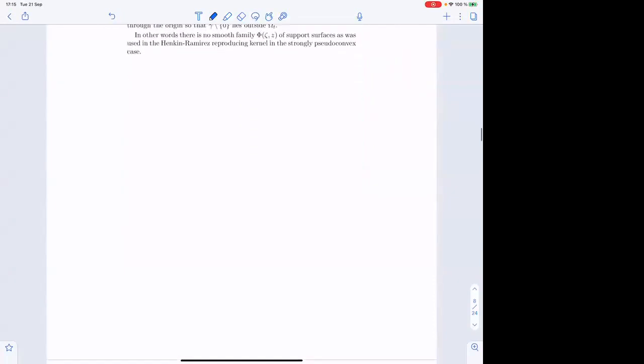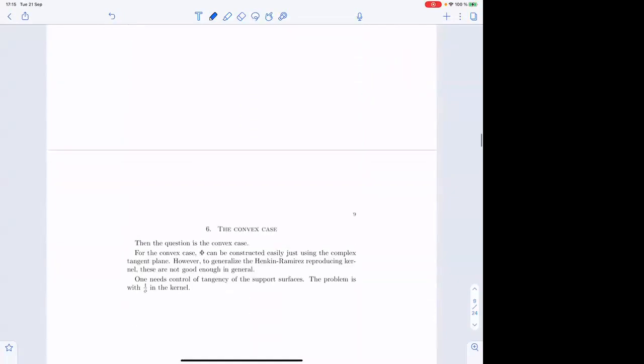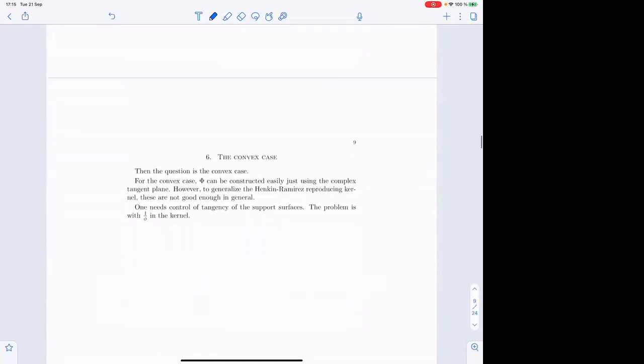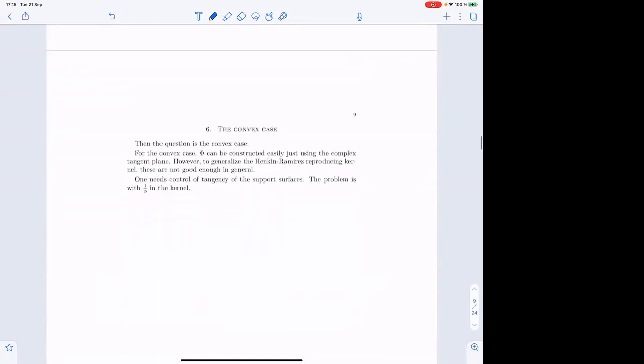So this means that people started thinking about maybe, to avoid the Nirenberg difficulty, you take the convex case, the ordinary convex case. Because at least for the convex case, you have at least a complex tangent line, if nothing else, which stays outside.